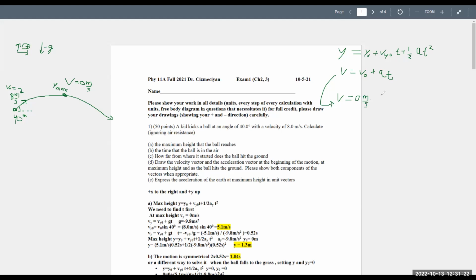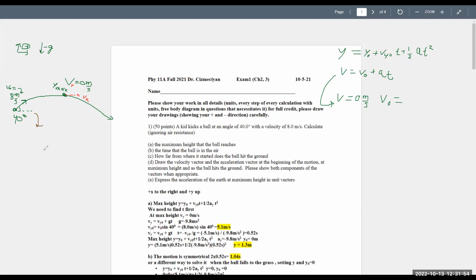We're defining everything first. V naught is 8 meters per second, but remember we're on the y-axis. So if we were here, you still have a vx here, and this is vy, right? Because there's no acceleration in the x direction, your velocity on the x-axis is the same for all of the equations.